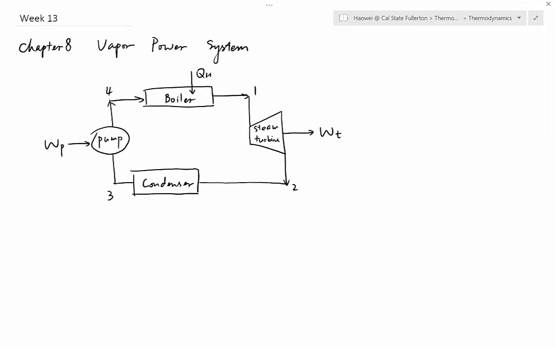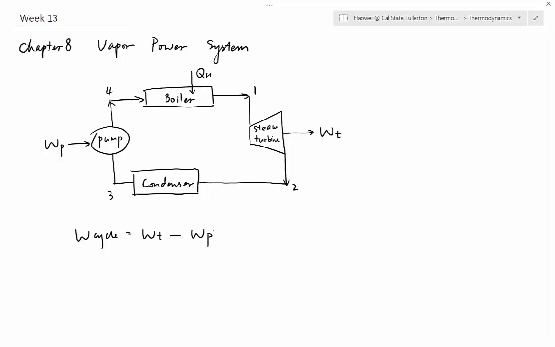Okay, and the next question is, what is the net amount of work you can get out of the cycle? We call it W cycle, which is the amount of electricity you can generate. It's WT, the work you generate, minus the work you consume, WP. So that is the net amount of work you can generate out of this cycle.